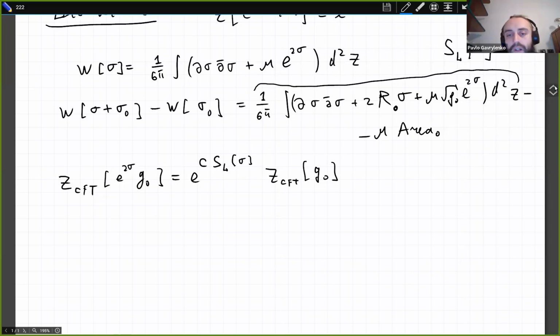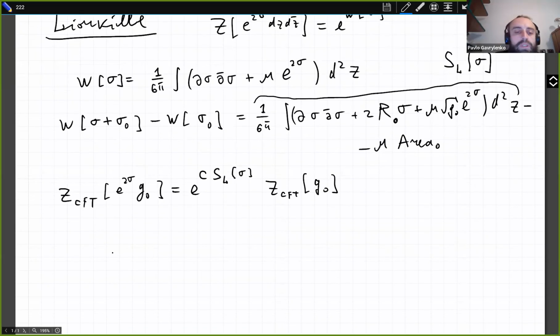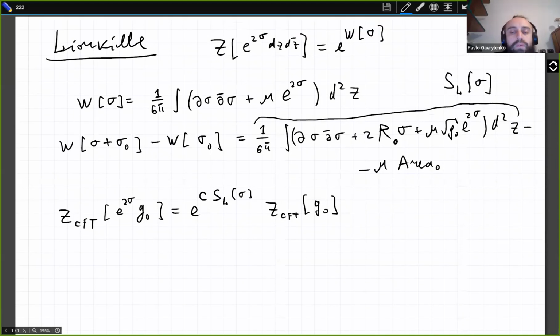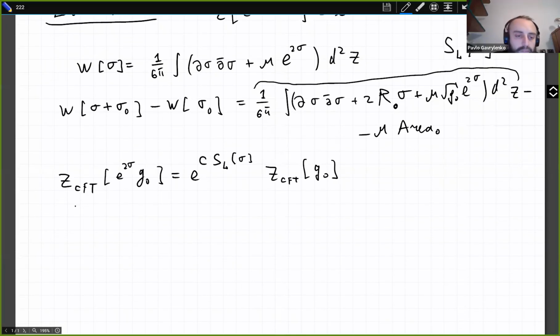So for now, this sigma is not a dynamical field. It is just some scaling factor. But we can ask what happens when we integrate over this sigma. In principle, we could perform this gauge fixing to reduce the integration to integration over sigma. But now there is a problem.